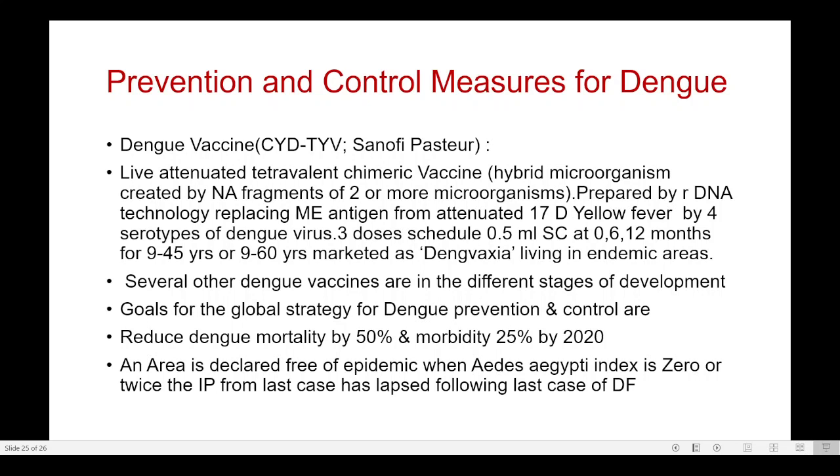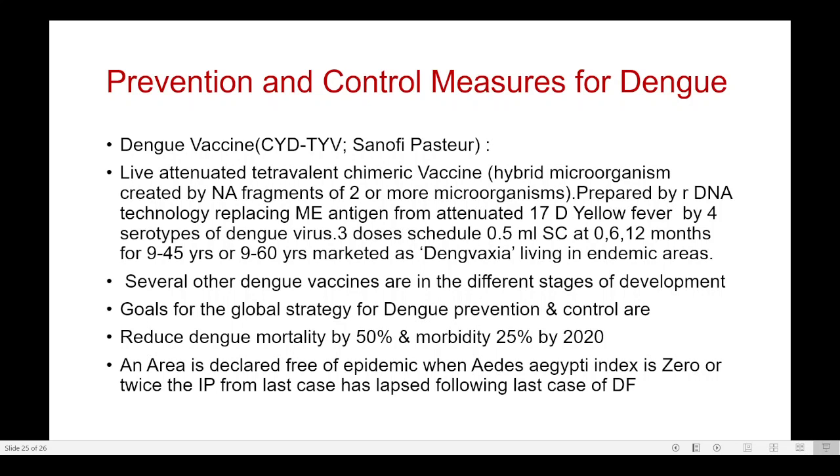That means house to house surveys are done, where the denominator is the number of households surveyed and the numerator is those houses where dengue mosquito larva has been found. That means it is Aedes aegypti.